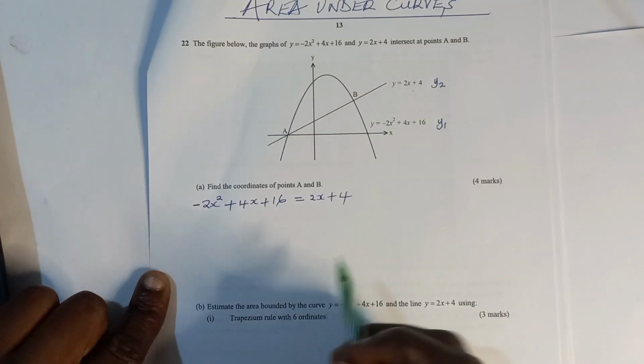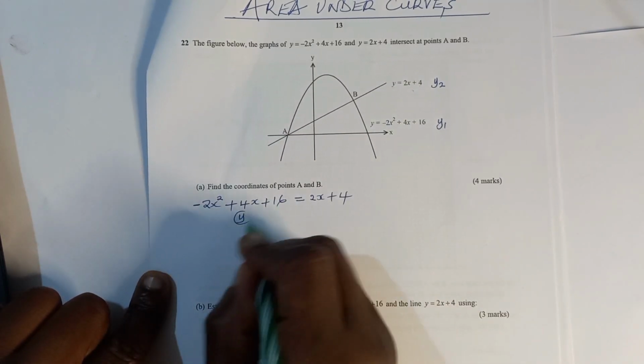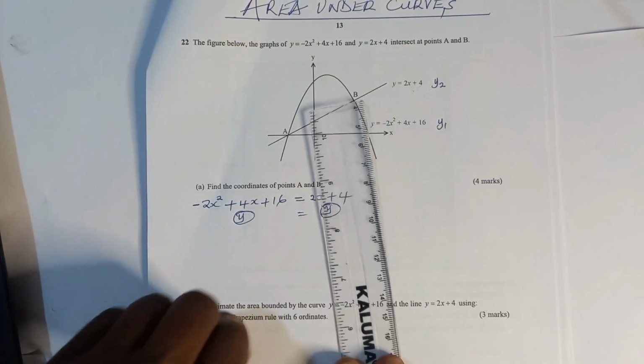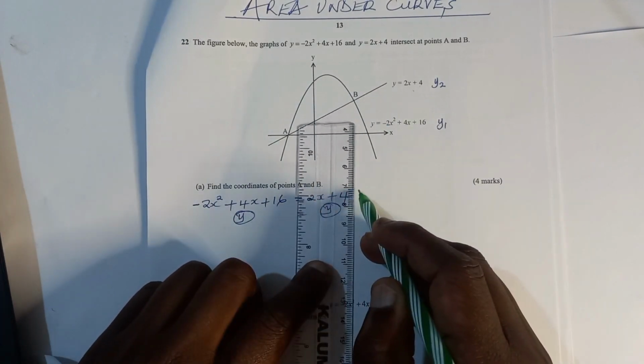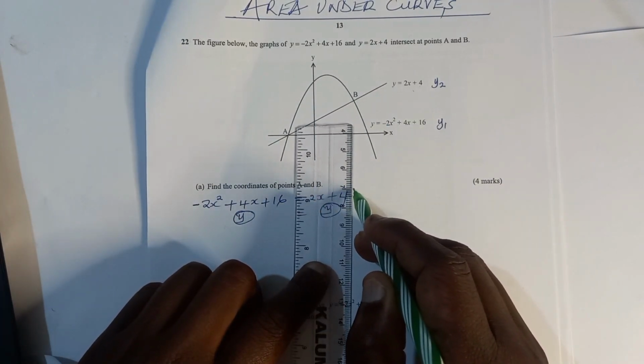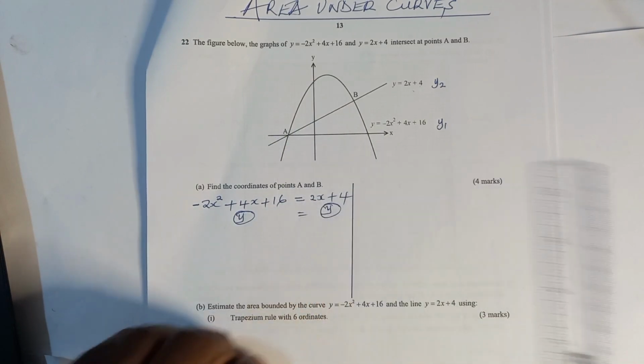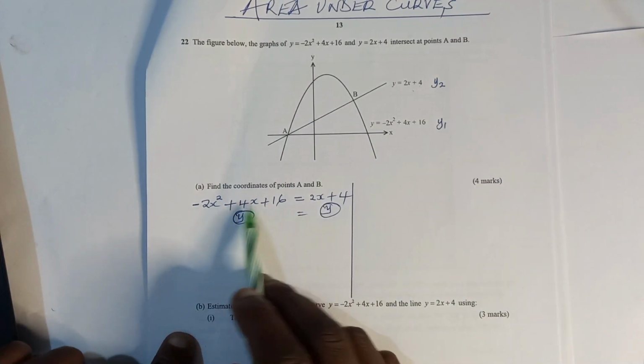The reason we're doing this is that both represent a y function. So when we solve for x after equating, we shall get the respective x coordinates of the points of intersection.